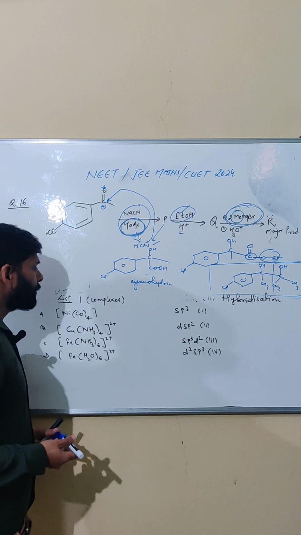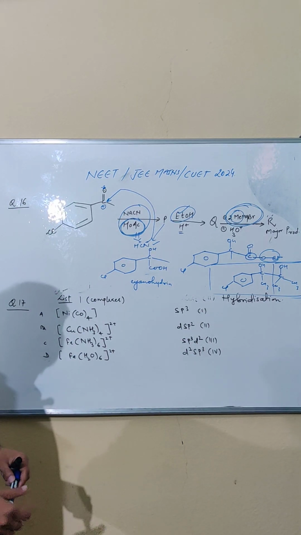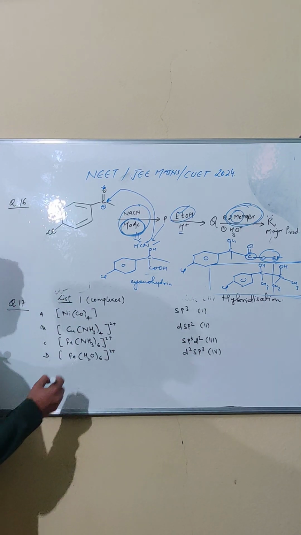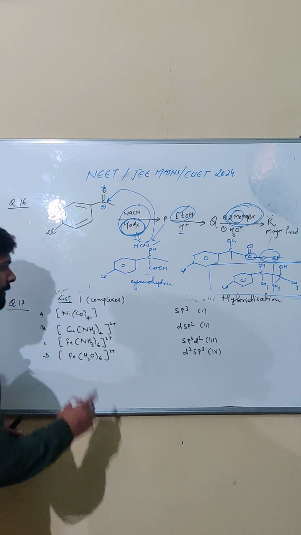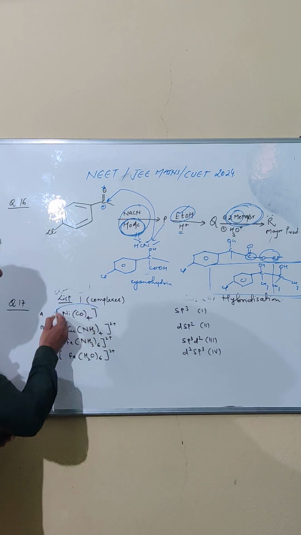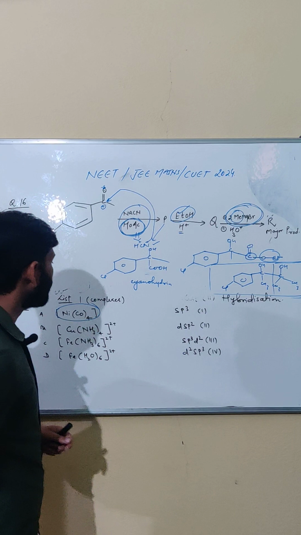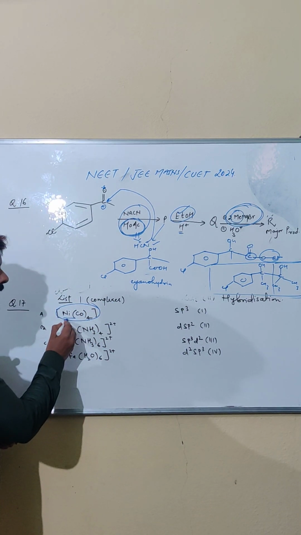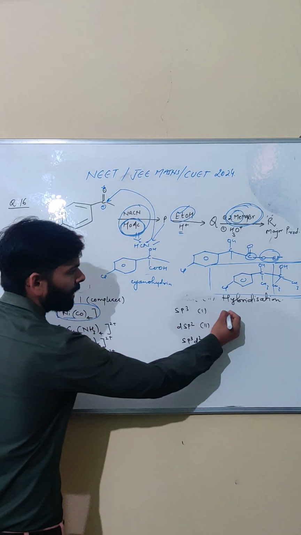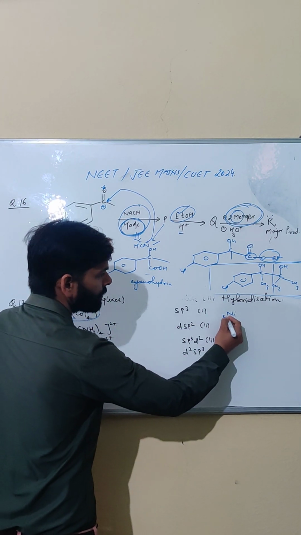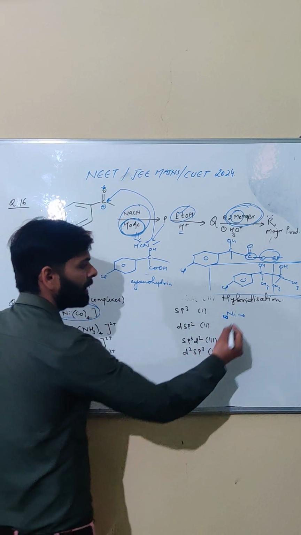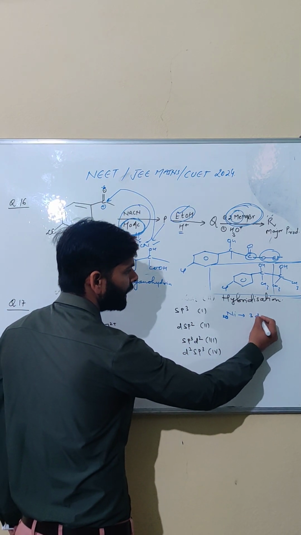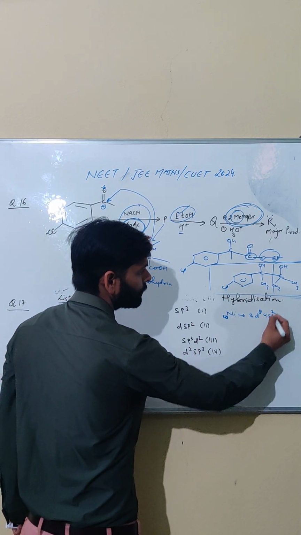Now the 17th question is very important again, from coordination compounds, and you have to give the answer that which compound is having which type of hybridization. So nickel tetracarbonyl, we know that atomic number of nickel is 28, and it has 3d8 4s2.